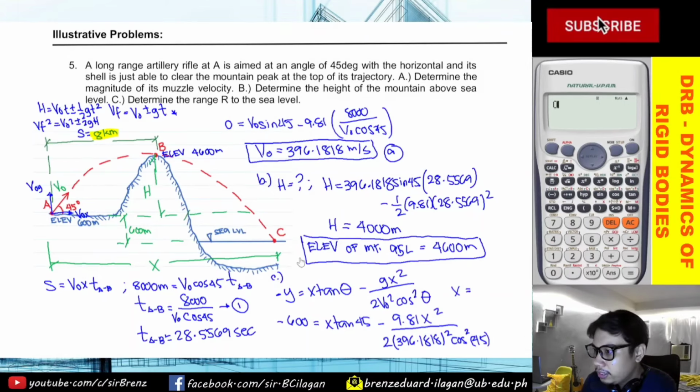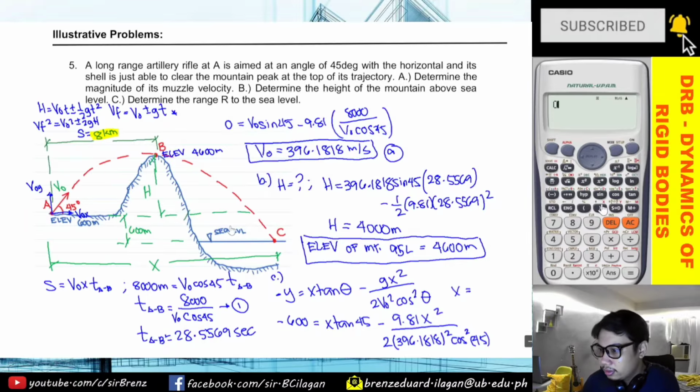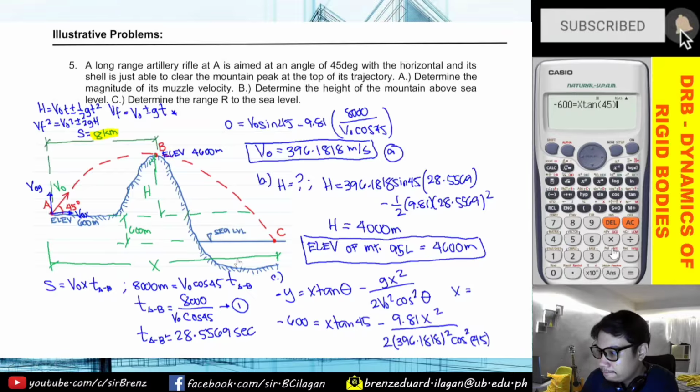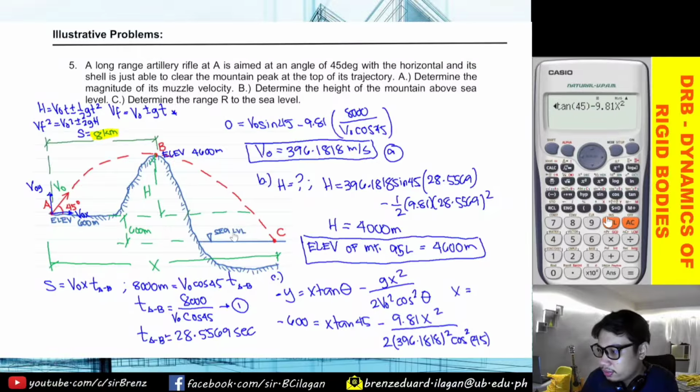So what will be the value of our x? So pindutin lang natin sa calculator. So negative 600. Then x, so tangent 45. So minus 9.81. Then x squared divided by 2.